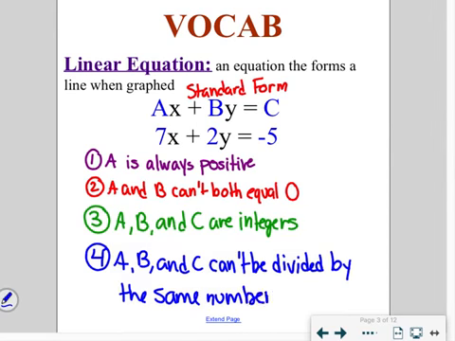So if you're looking up at that example up top, 7, 2, and -5 cannot be divided by the same number. If it, for example, says 7, 14, and 21, you could divide all of those by 7, so you would have to. So those 3 numbers have to be what we call relatively prime.